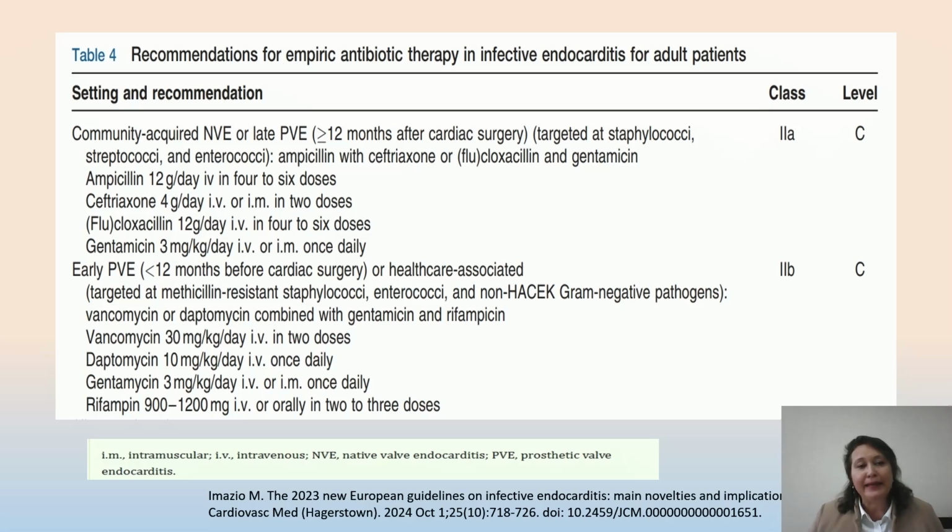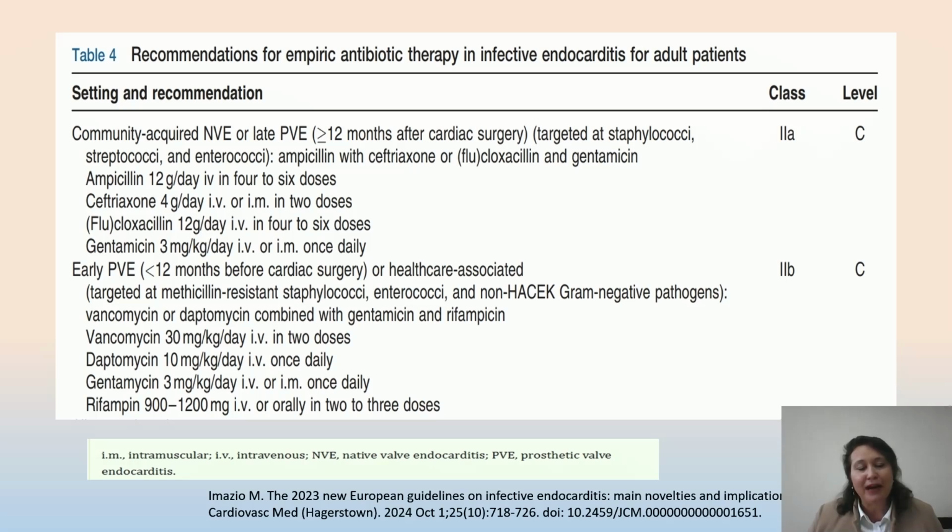We have a recommendation for empiric antibiotic therapy in infective endocarditis for adult patients with a class of recommendation 2A and 2B. In case of community-acquired native valve endocarditis or late prosthetic valve endocarditis more than 12 months after cardiac surgery, targeted at staphylococci, streptococci, and enterococci, we recommend ampicillin with ceftriaxone or flucloxacillin and gentamicin.